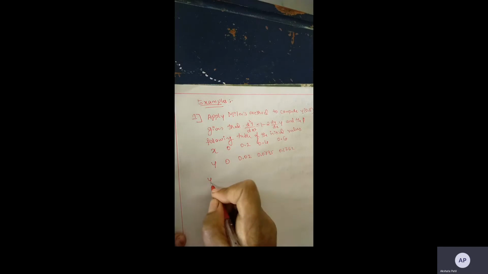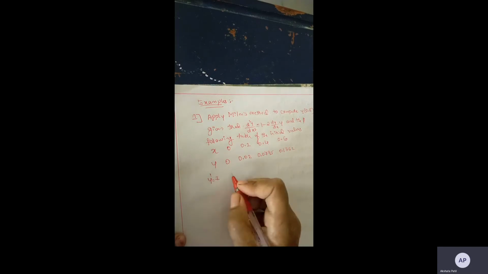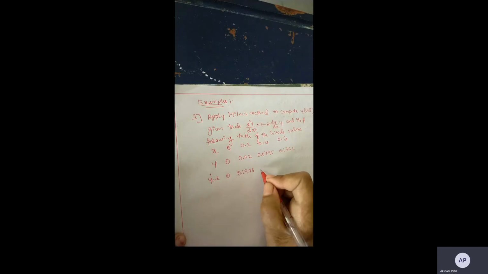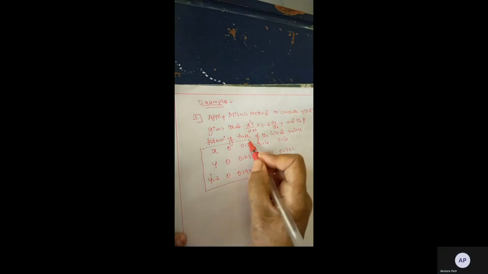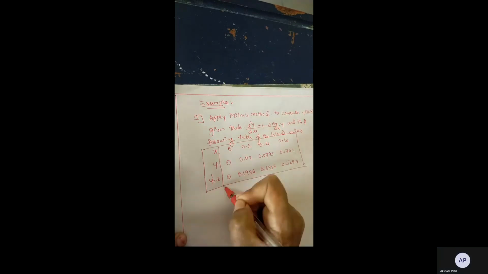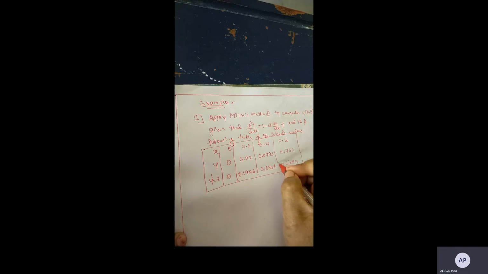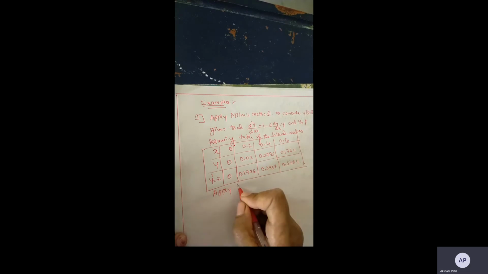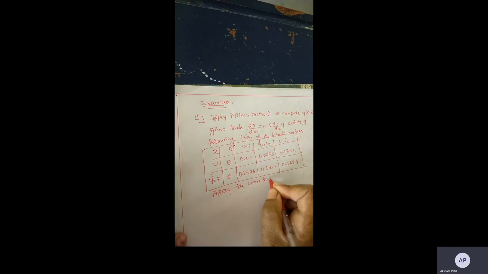They have given y dash values, where y dash is nothing but z: 0, 0.1996, 0.3937, 0.5689. And they are asking to apply the corrector formula twice.